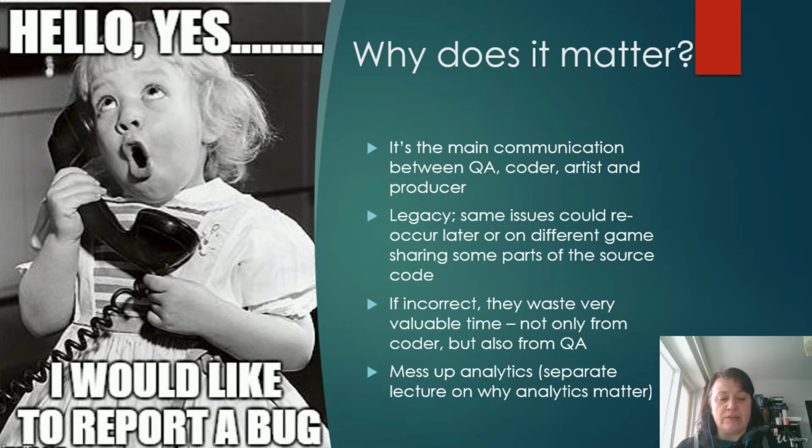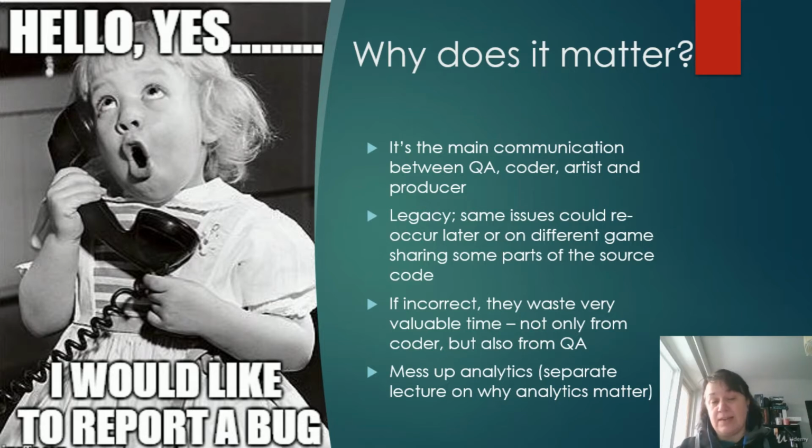Then, of course, there is the issue of legacy. Some issues we find and then they are fixed or claimed fixed, and then they reappear 6 months later or a year later. So it's important to have bugs in some kind of repository, well reported, so that we can actually go back to them if it's needed.